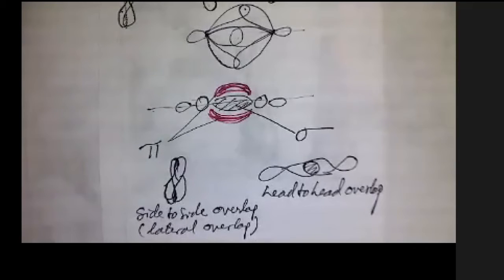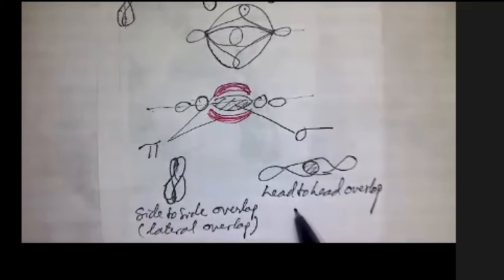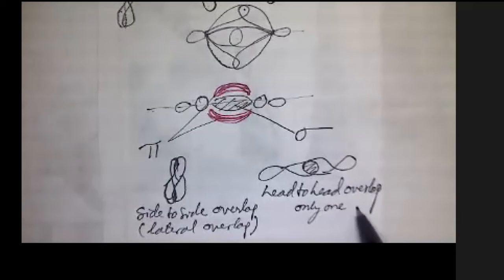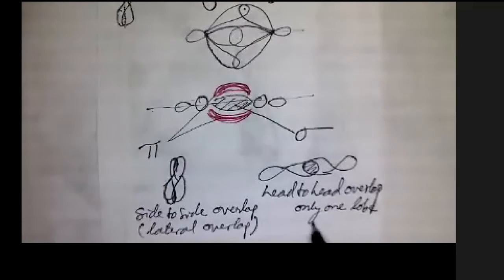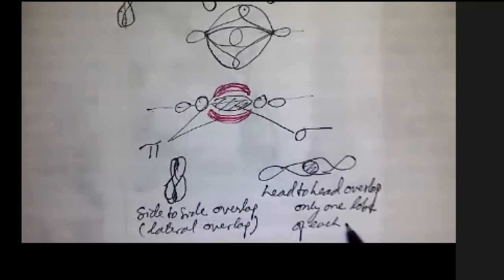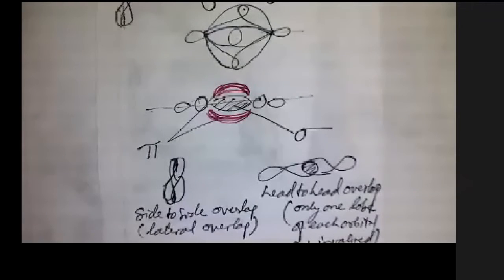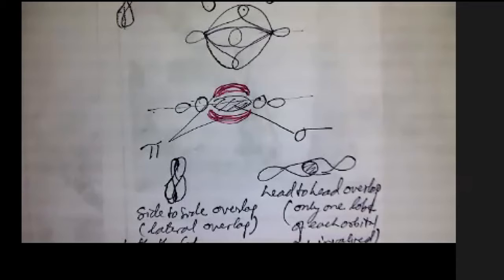So head to head overlap, only one lobe of each orbital is involved. Isn't it? Only one of the lobe is involved. In this case, both the lobes of the orbitals are involved.